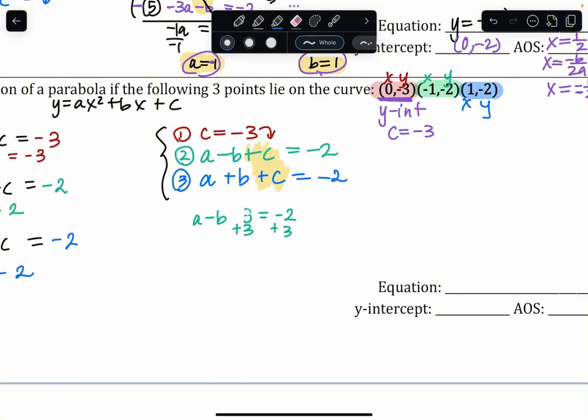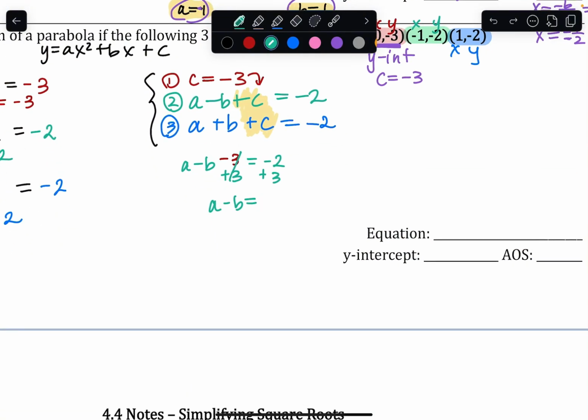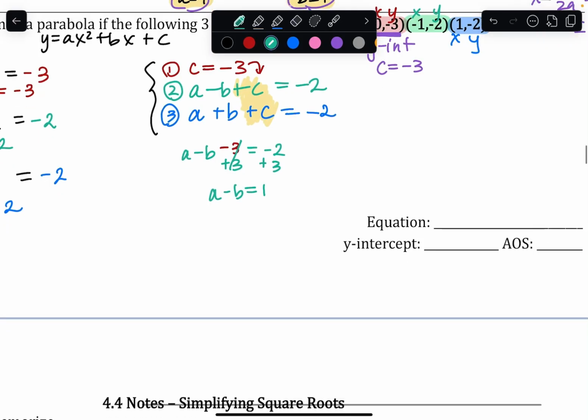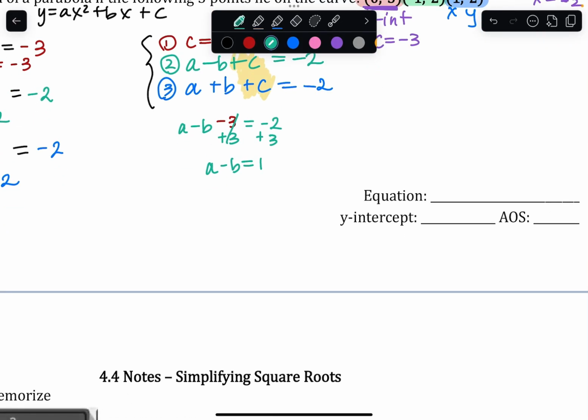And so this -3 came from the fact that c was -3. Okay, and so a minus b equals, just kidding, it's 1. -2 plus 3 is 1. And that came from substituting into equation 2, and that gives us our equation 4.